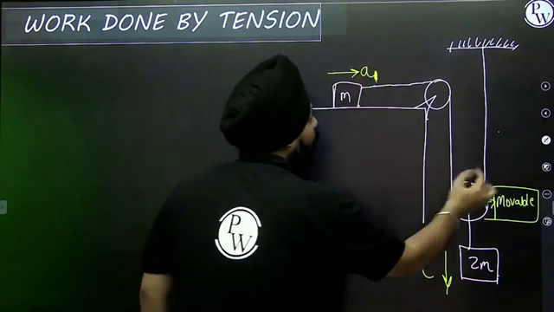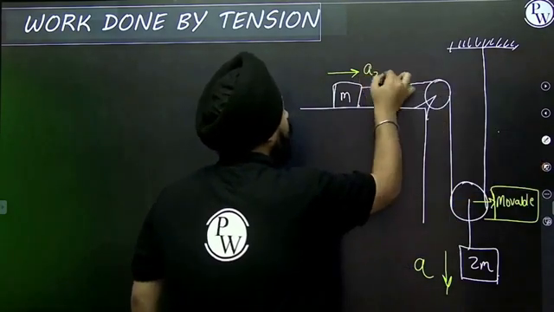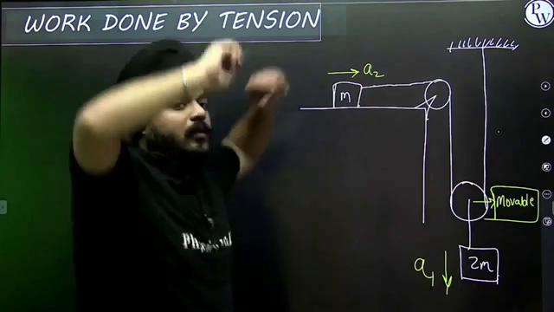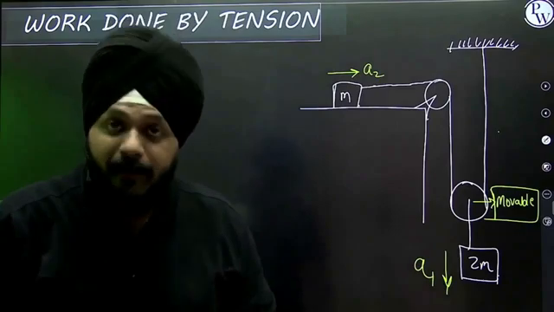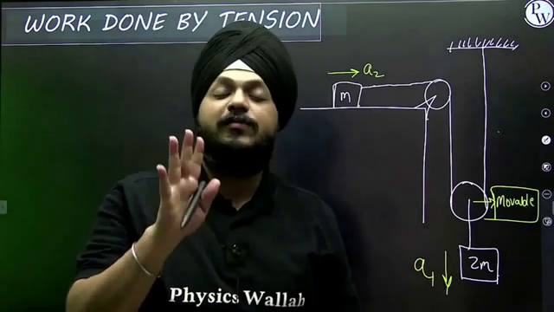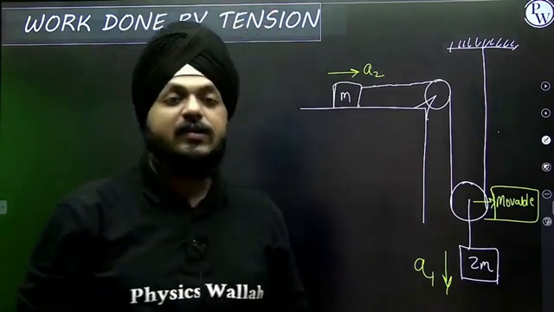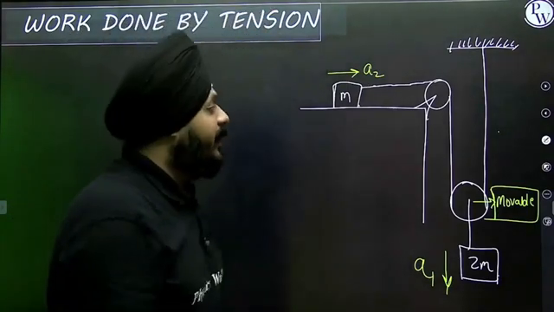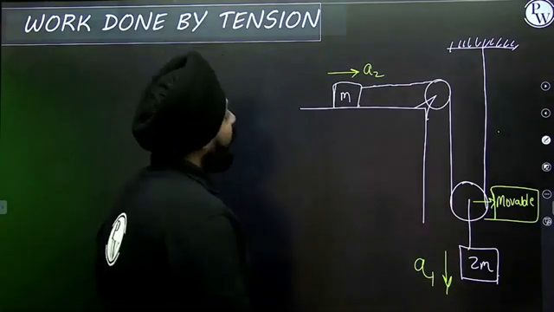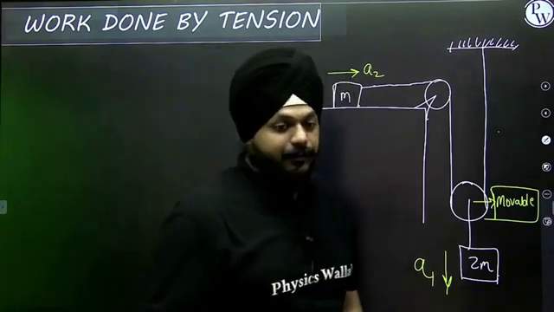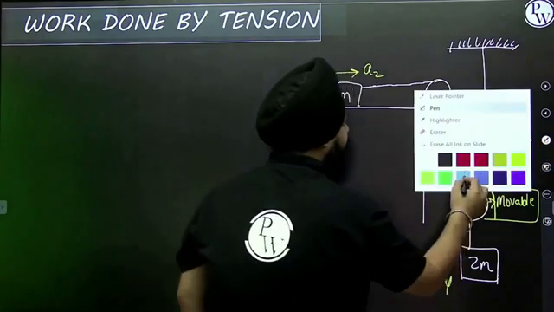This will be A1, or you can consider this as A2 and this as A1. The accelerations of the two will be different. Even if they are connected to the same string, there are some cases, we will discuss this, don't get worried, right? As they are connected to the movable pulley, things differ. How work done by tension works, we are going to use that. For 2M, suppose I am drawing the FBD, right, see.